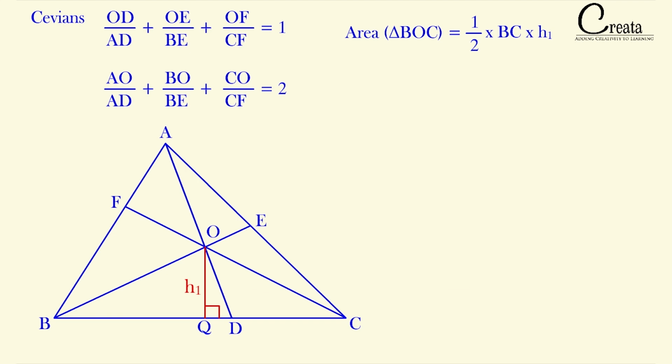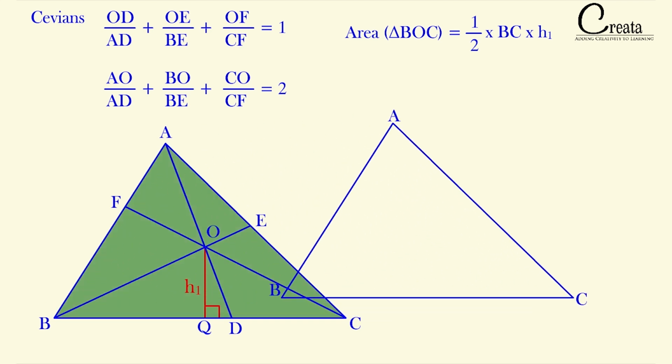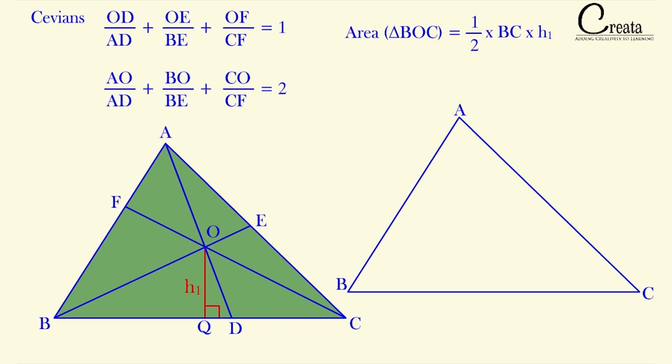Further, can we calculate the area of the triangle ABC, that is this complete triangle? For that we will need the height of the triangle. Let's assume a line AP which is perpendicular to BC and starts from the vertex A. Let's name AP as H2. H2 will be the height of the triangle ABC.